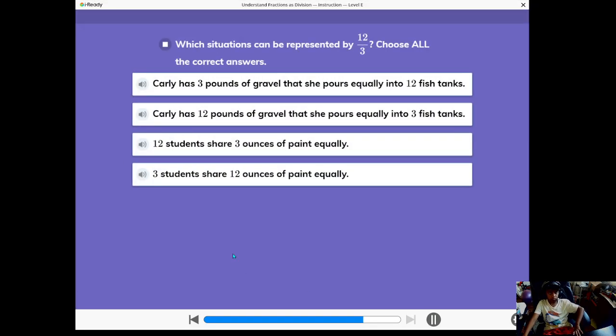Which situations can be represented by 12/3? Choose all the correct answers. You can think of 12/3 as 12 divided by 3. Try again.